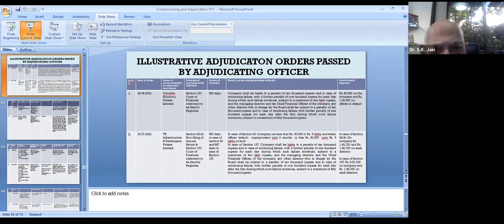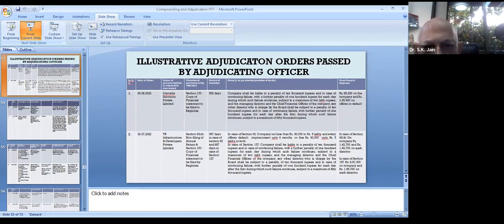There was a delay of 553 days. Now, what is the penalty prescribed? The company shall be liable to a penalty of 10,000 rupees, and in case of continuing failure, with a further penalty of 100 rupees for each day. So it is a continuing default.